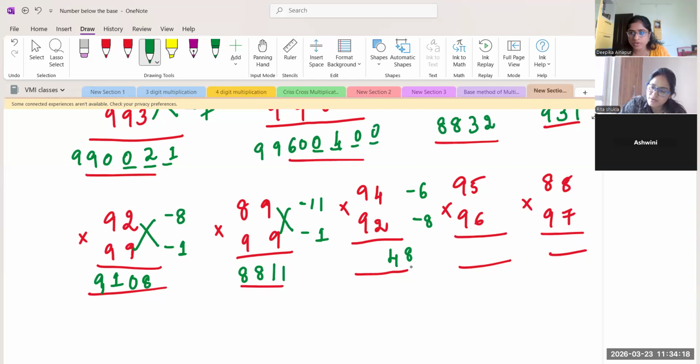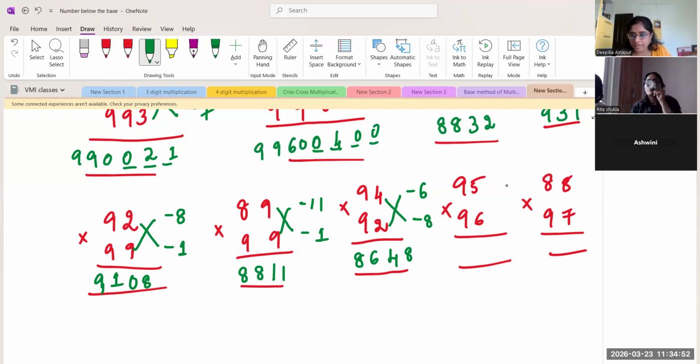And 2 zeros are there, so 2 numbers should be there on the right side of the answer. 94 minus 8 or 92 minus 6, both will give me how much? 92 minus 6 will be 86. 94 minus 8 also will be 86. So the answer is 8,648.